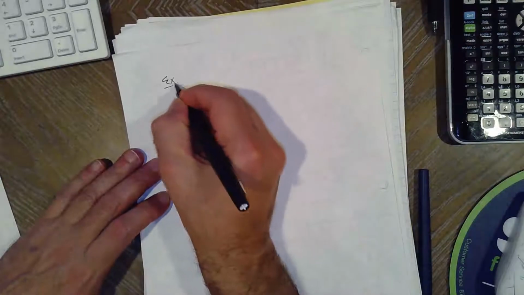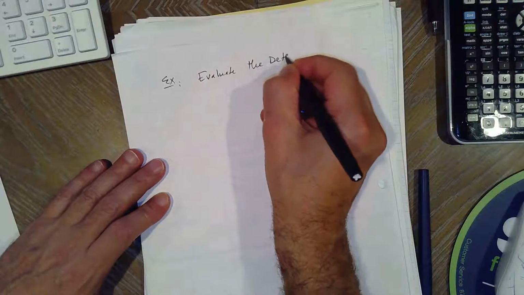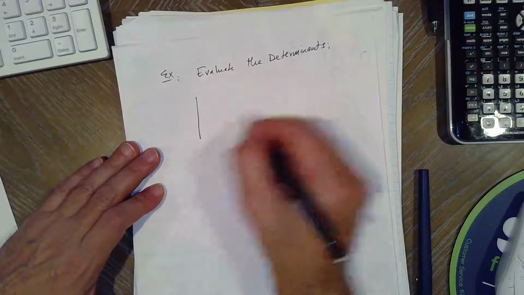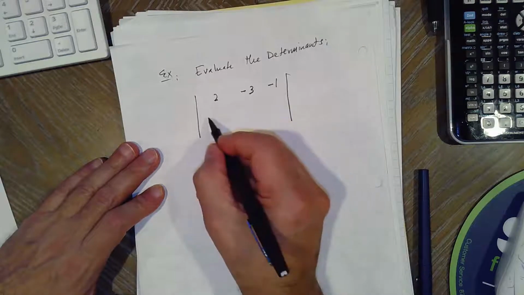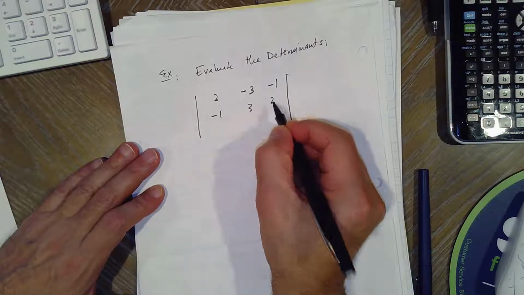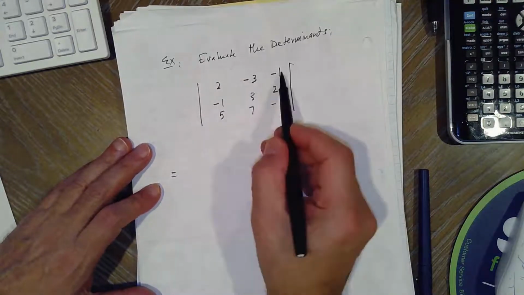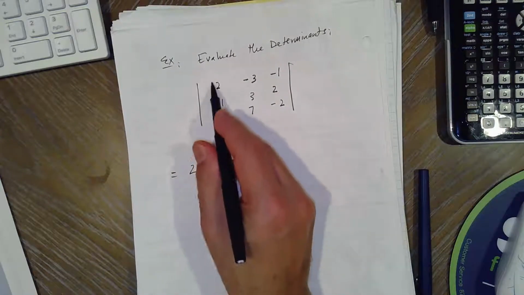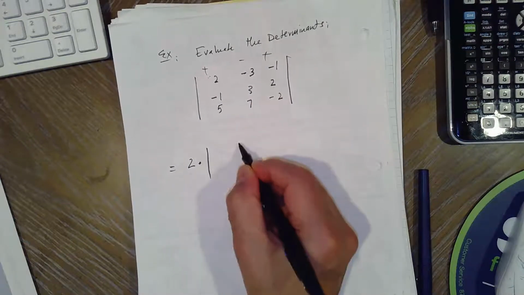So here's an example. Evaluate the determinant 2, -3, -1, -1, 3, 2, 5, 7, -2. Remember, we're always going to do the first row. We start with the 2, it's a plus, remember plus, minus, plus, so you keep the sign of 2 times the minor of 2.